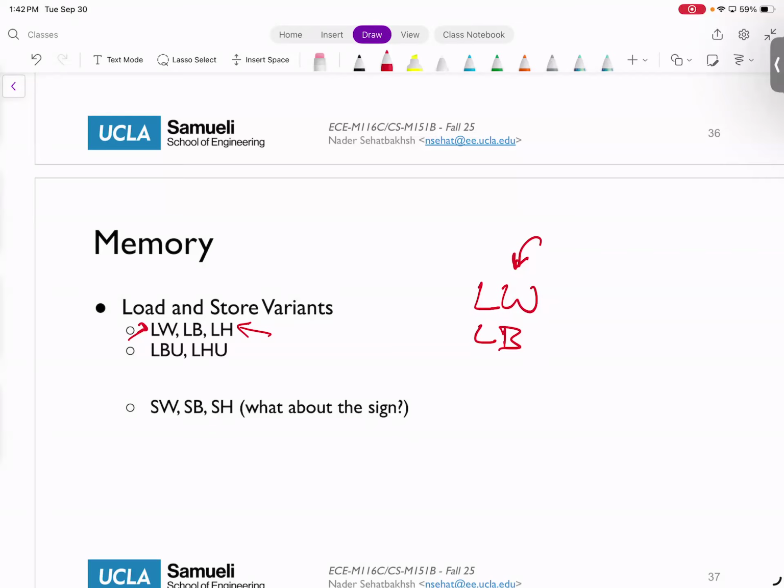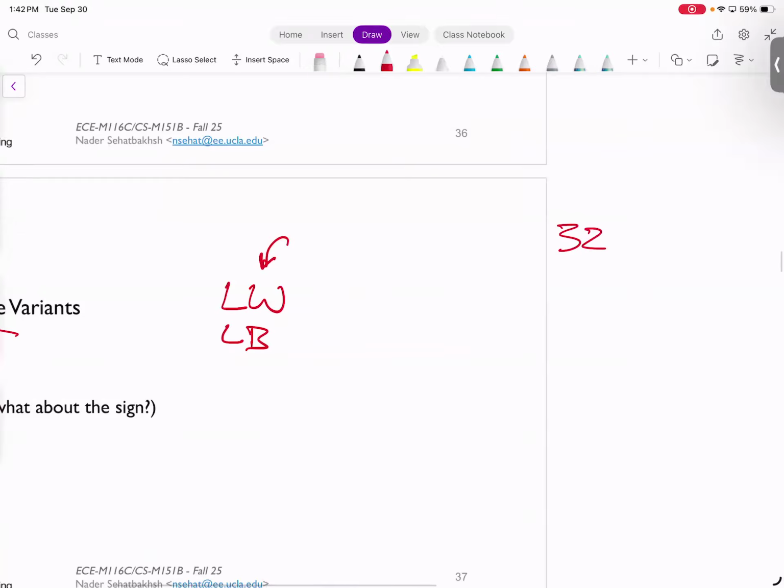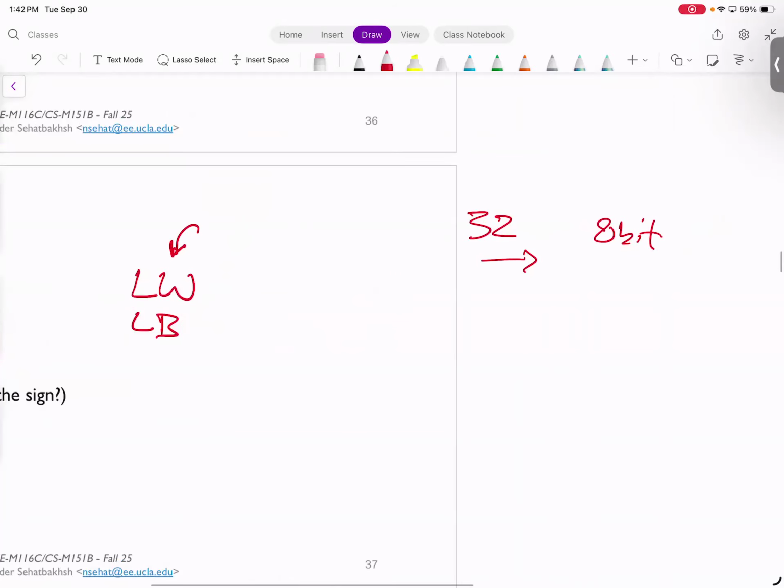Okay, and then I can also load things in an unsigned way. So remember, I'm loading only 8 bits, but I want to load it into a 32-bit register, right?